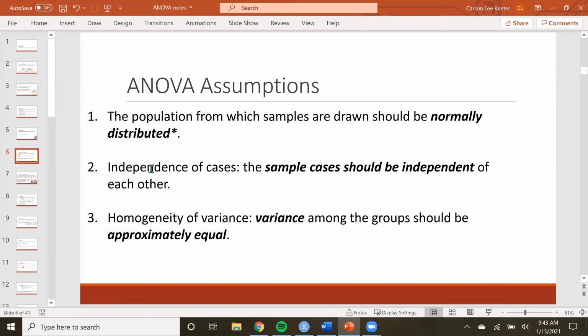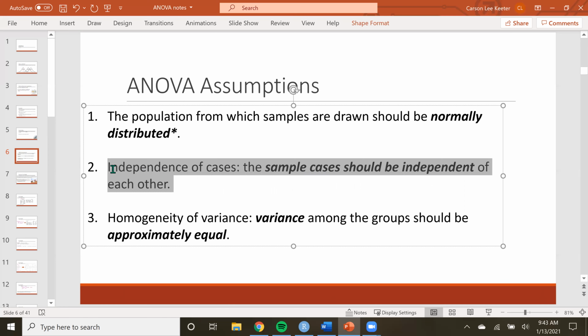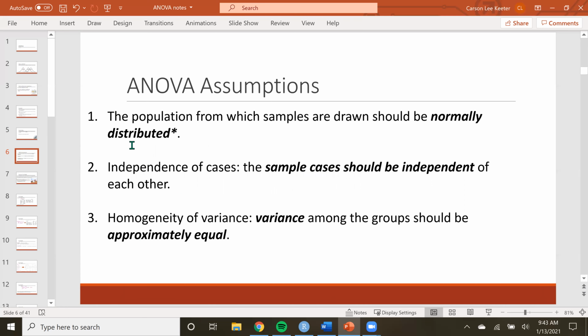And then our second assumption is independence, so that no one case is dependent on another case. Everything is randomly sampled and properly sampled. Again, this is done when you're collecting data, not when you have data that I give to you.